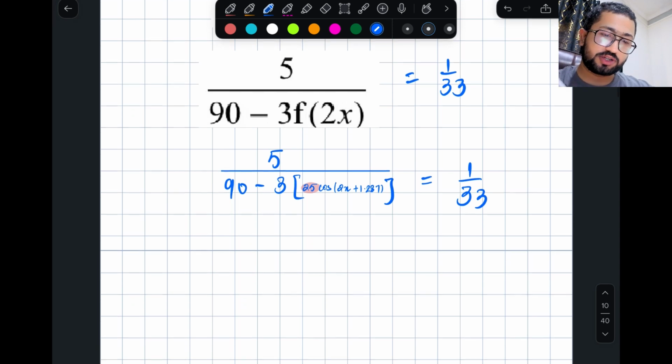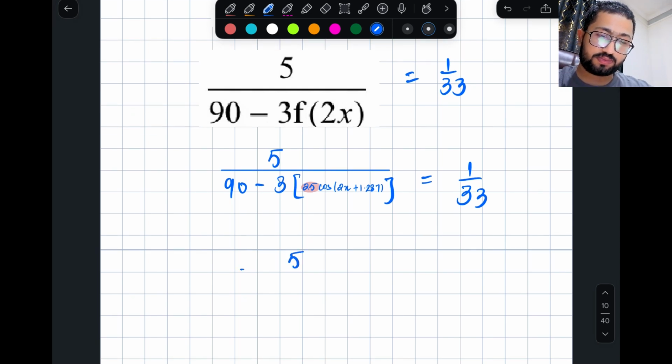So now what will happen, bachcha log? 90 minus 3 times 25, 75.